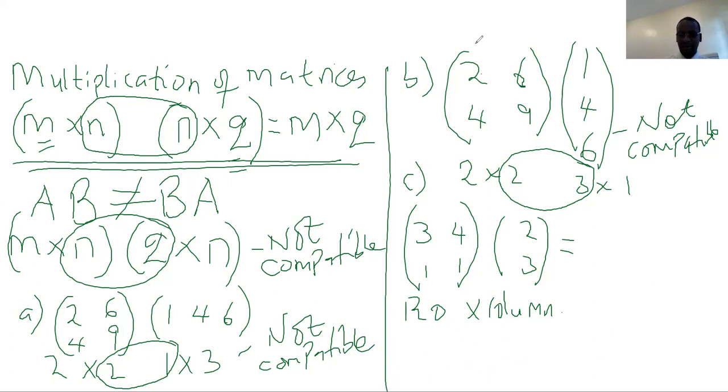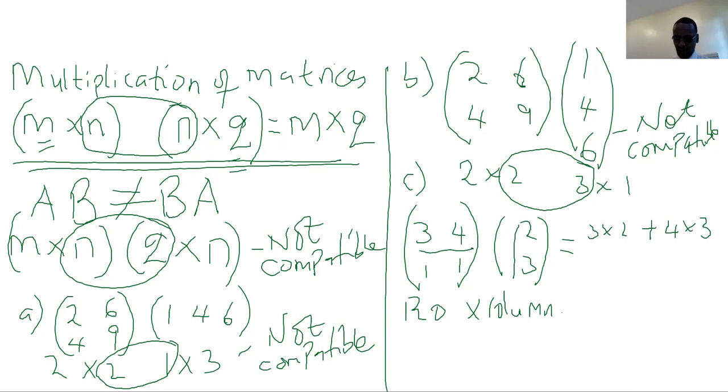So let's multiply. When you multiply, you start with the first row: 3 goes with 2. So you write 3 times 2 plus 4 times 3. First row, first column: 3, 4 multiplied by 2, 3. The second character is multiplied with the second character, so 4 multiplied by 3.